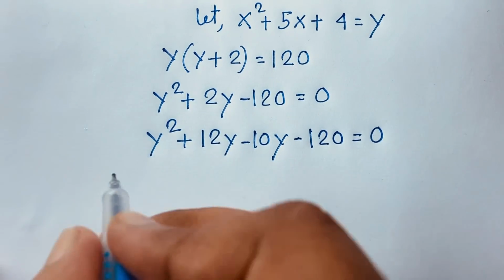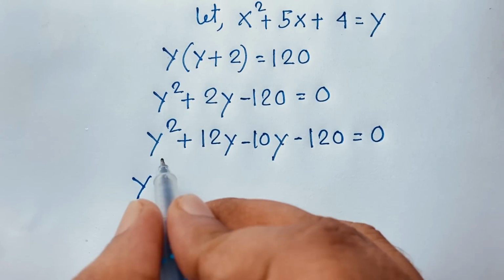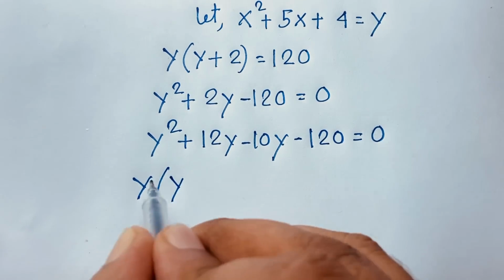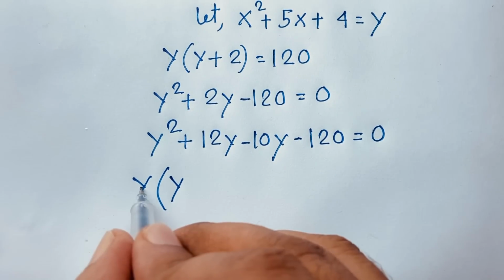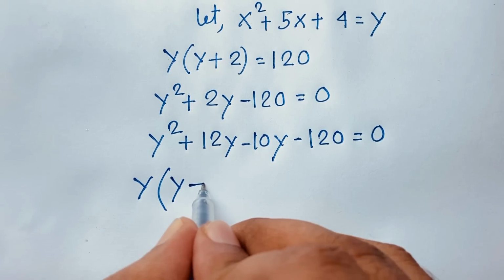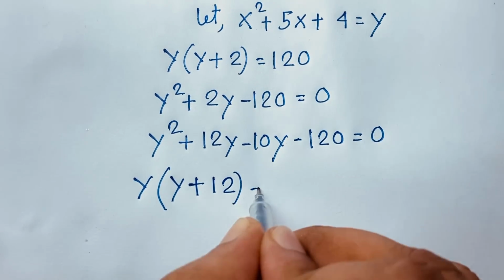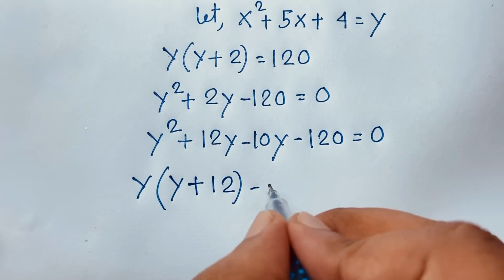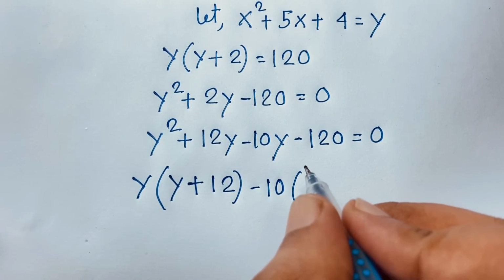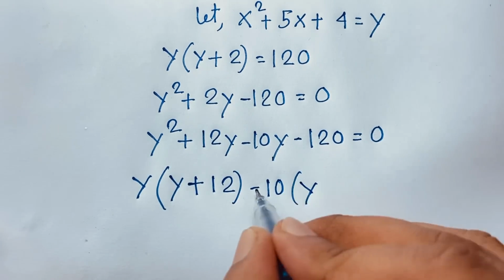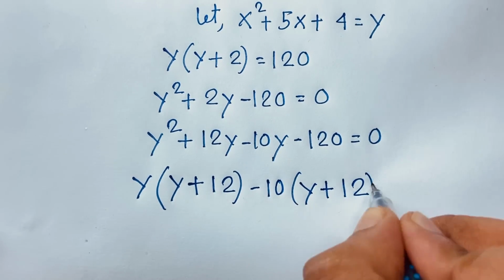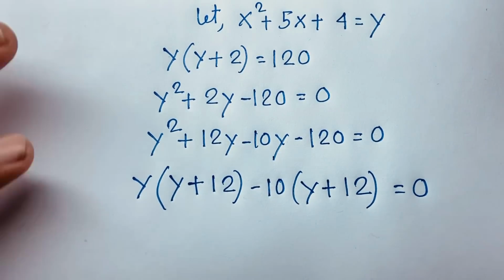Now here y is common, so if I take y common, this divided by this is y, and this divided by this is 12. Then negative 10 is common, so if I take negative 10 common, it will be y minus minus, which is plus, 12 is equal to 0.